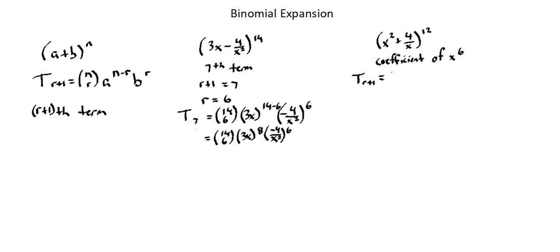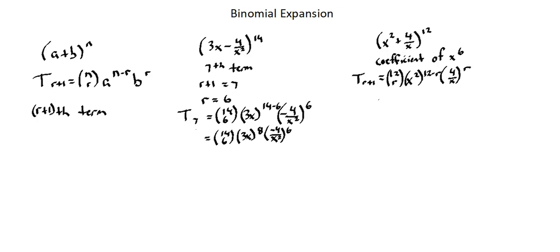Now we know the n is 12. r is unknown, so we leave it as a variable, times a. a is x squared, in brackets, to the power of n minus r. Again, n is 12, and as of now, r is unknown, 12 minus r, times b. b is 4 over x, to the power of r.